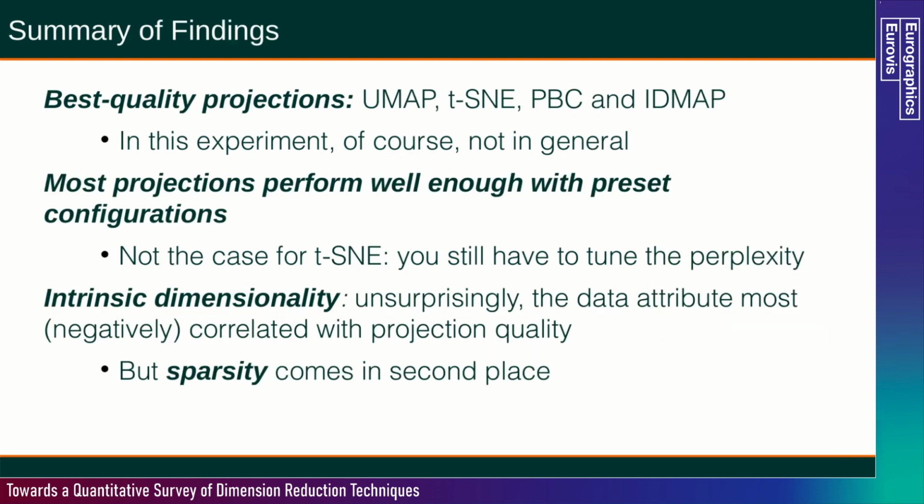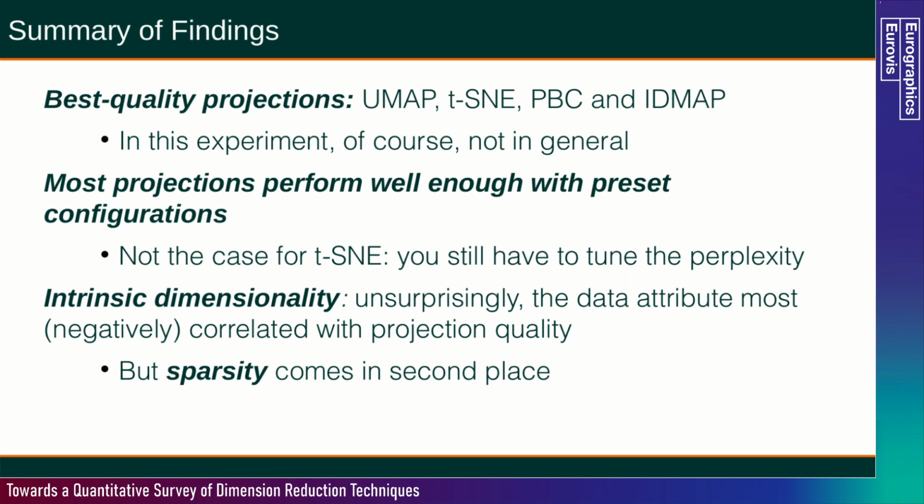So, as a summary of findings, best quality projections for these particular data sets, well, UMAP, TSNE, PBC, and IDMAP. Most projections perform well enough with preset configurations, which is not the case for TSNE, as you already knew. You still have to tune the perplexity to get the best results.